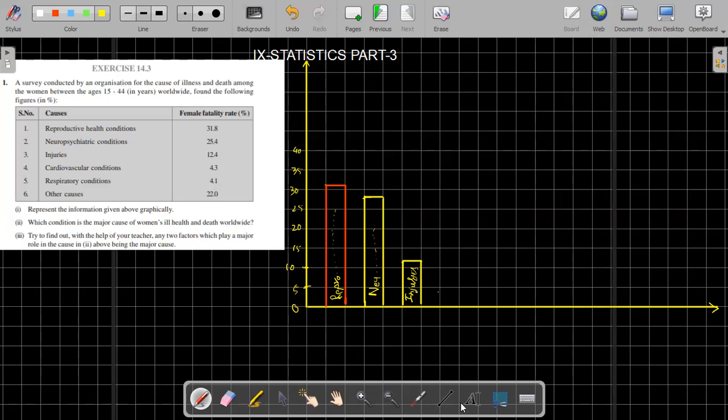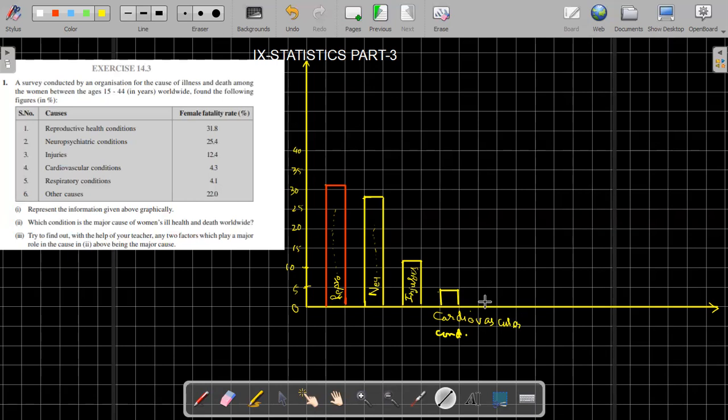So in this small bar, you cannot write cardiovascular condition. So you can write here. Here you can write this one, cardiovascular condition. Then respiratory condition 4.1, that is also, less than this.